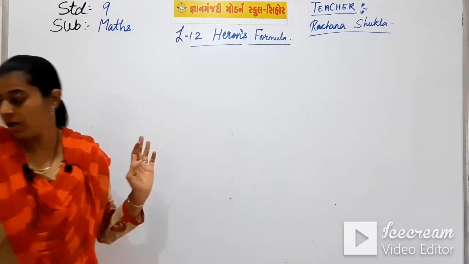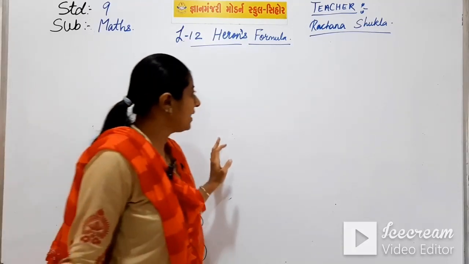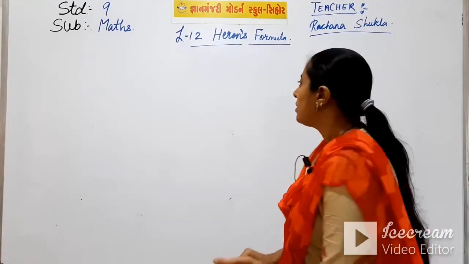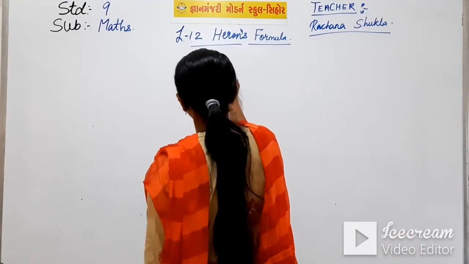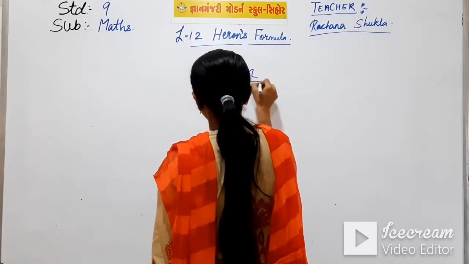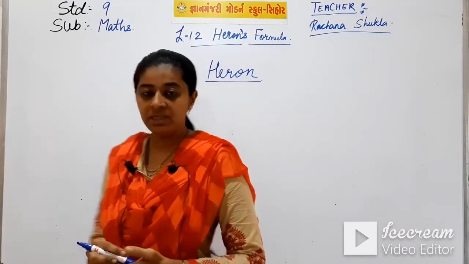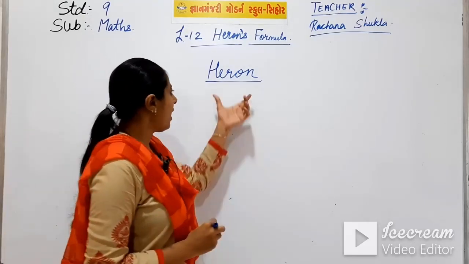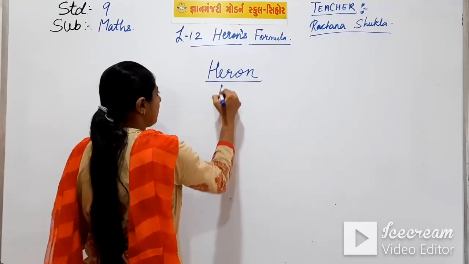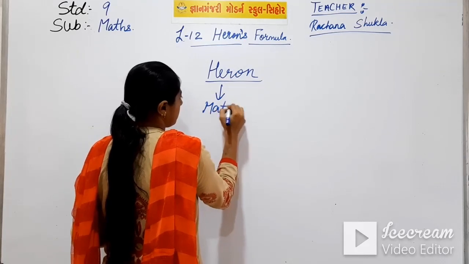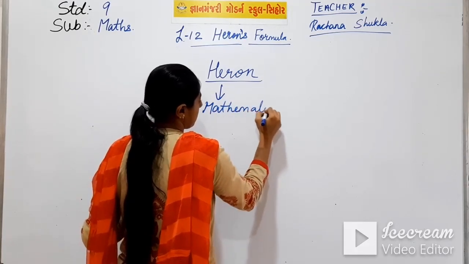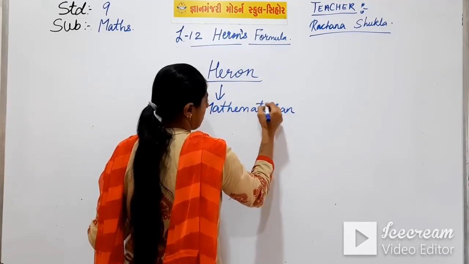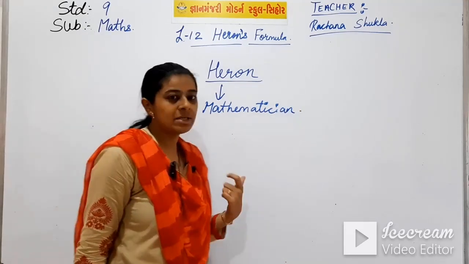Now we will move upon our topic, that is Heron's formula. What is the meaning of the word Heron? Heron was actually a mathematician.